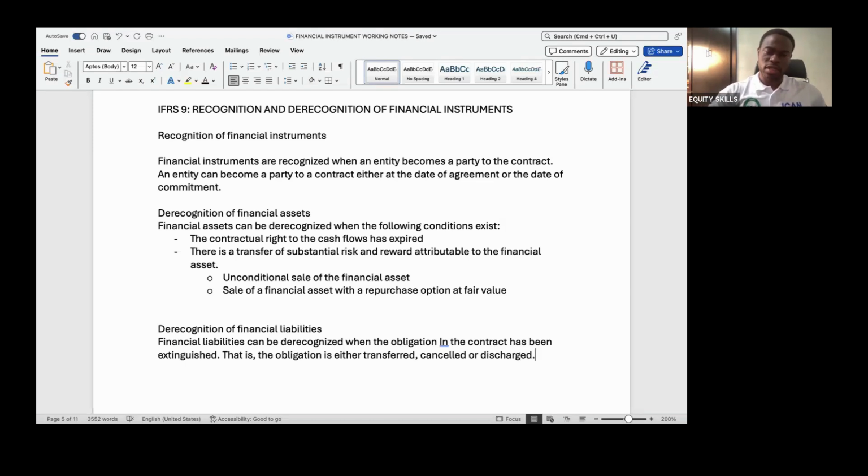Either of them shows that the obligation has been extinguished. Then you can derecognize your financial liability if any of them exists, because that's what we call extinguished.